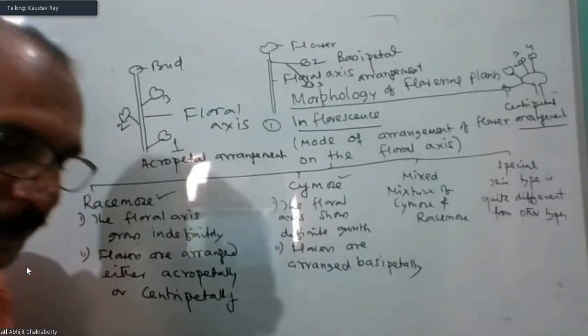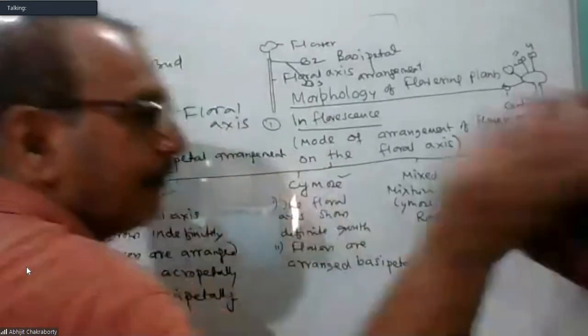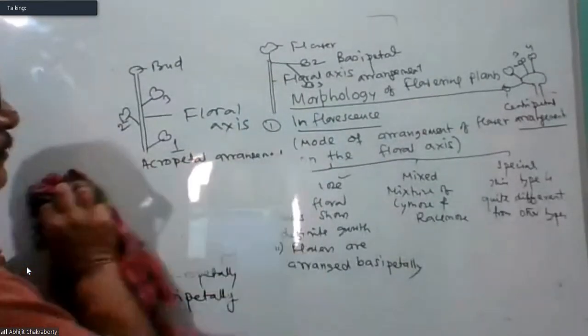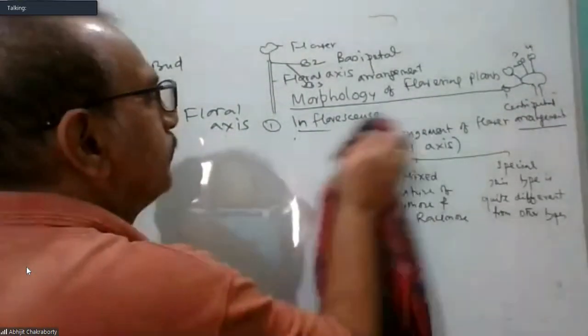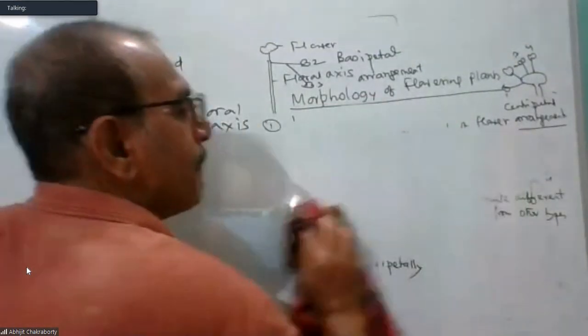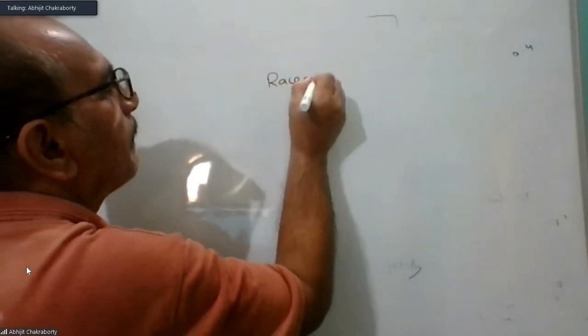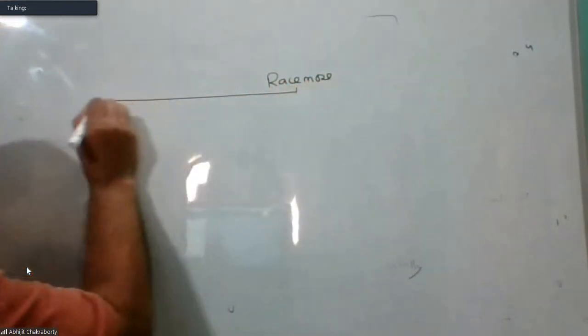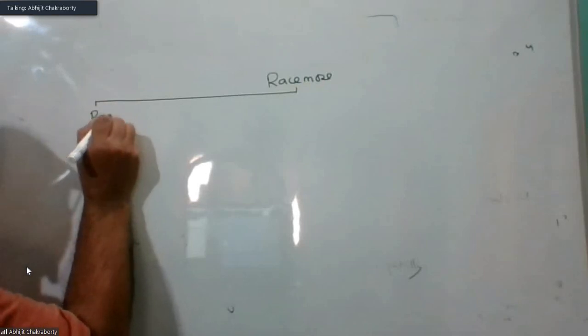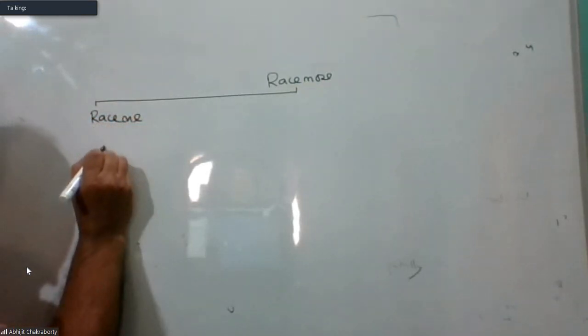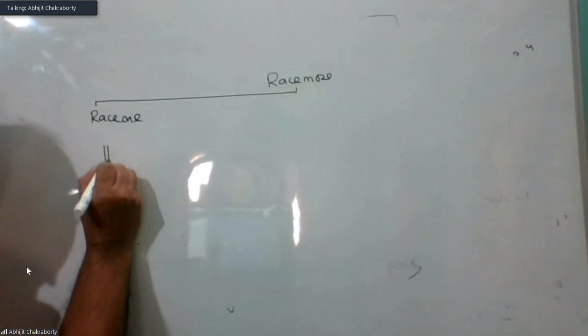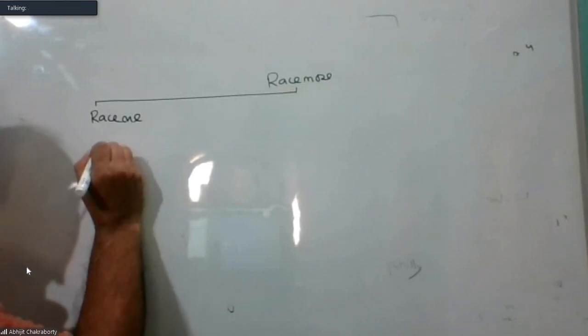Okay. Now I am going to wrap it up. First of all, racemose. Raceme. In raceme, this is the bud.